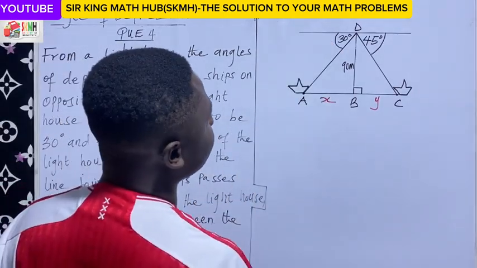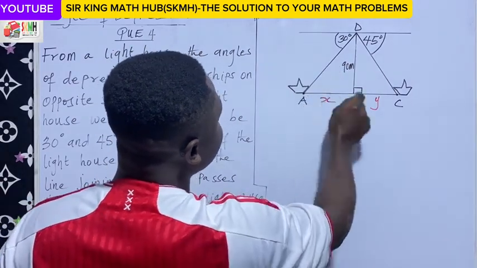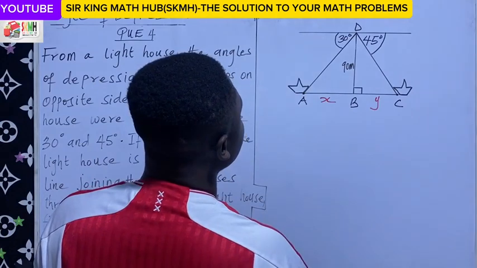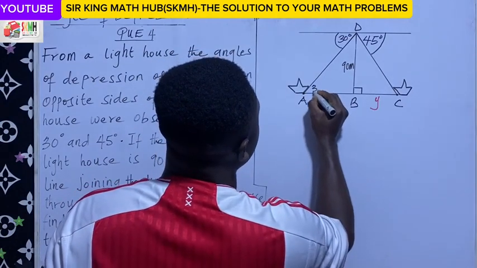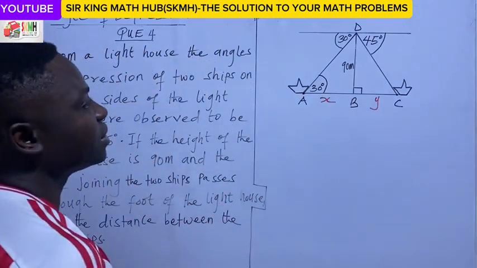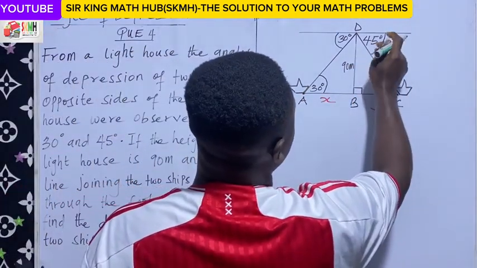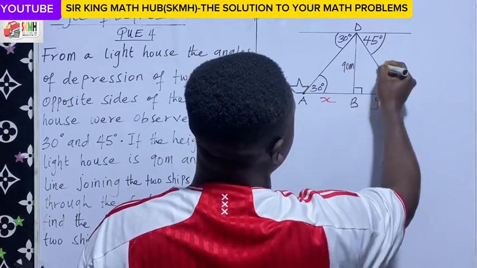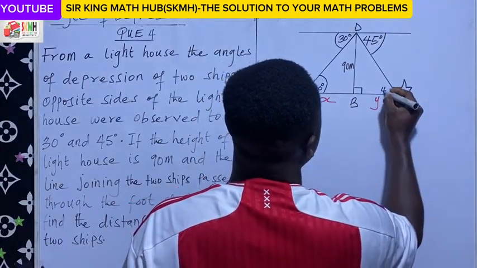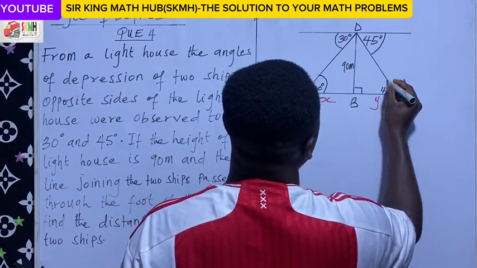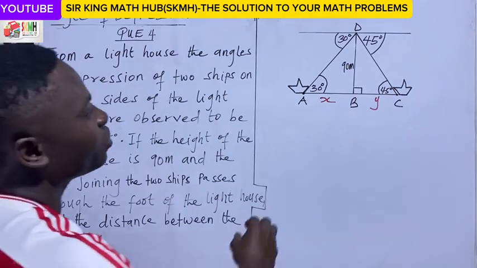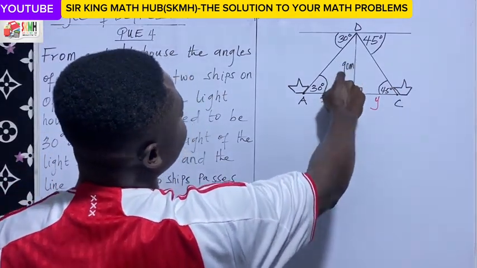Alternating angles are angles that are formed from the alphabet Z. So if this angle here measures 30 degrees, then obviously this angle here must also measure 30 degrees. And again, if this angle here measures 45 degrees, because alternating angles are equal, this angle here must also measure 45 degrees.